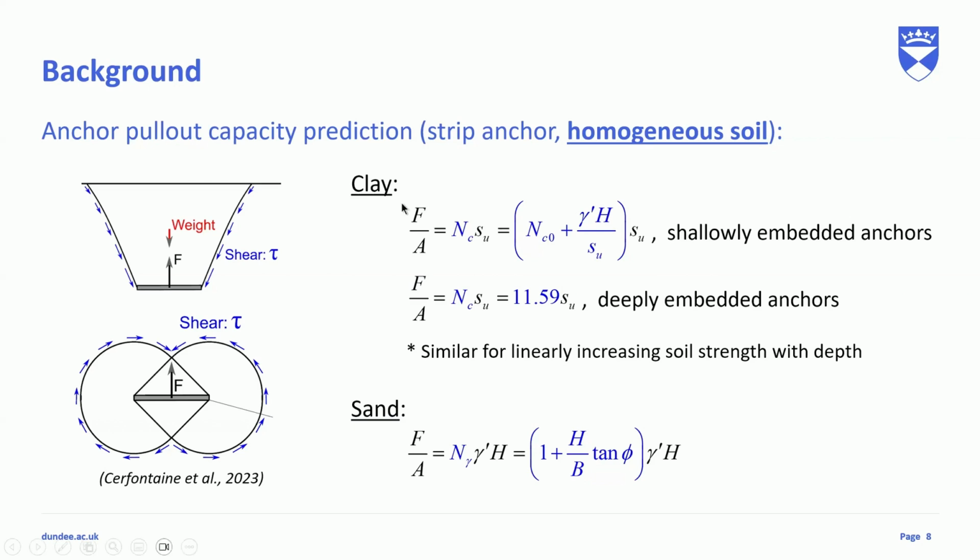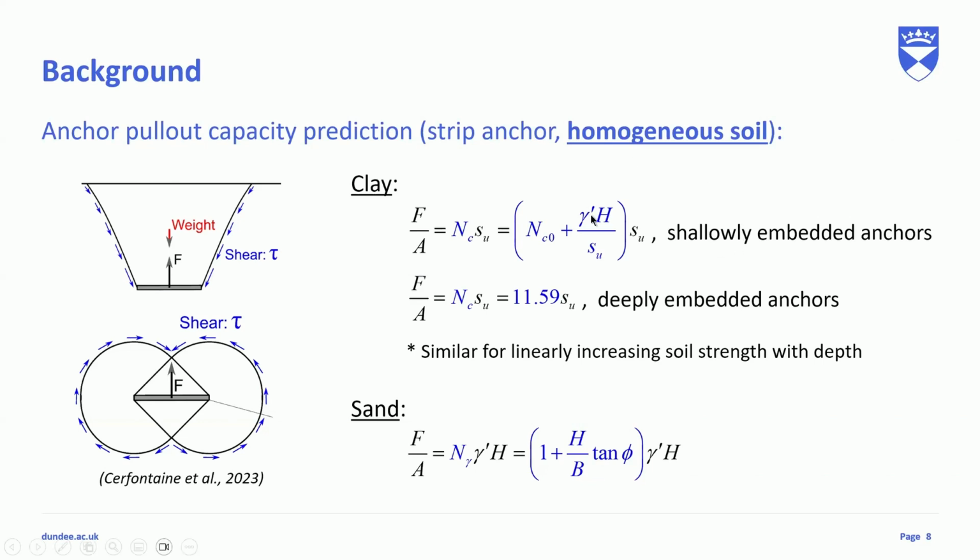Generally in geotechnical engineering, we have predictions for clay and sand separately because they have very different characterization. So for clay, for a shallowly embedded anchor, we have Nc, which is a non-dimensional pull-out capacity factor, a function of the soil property.